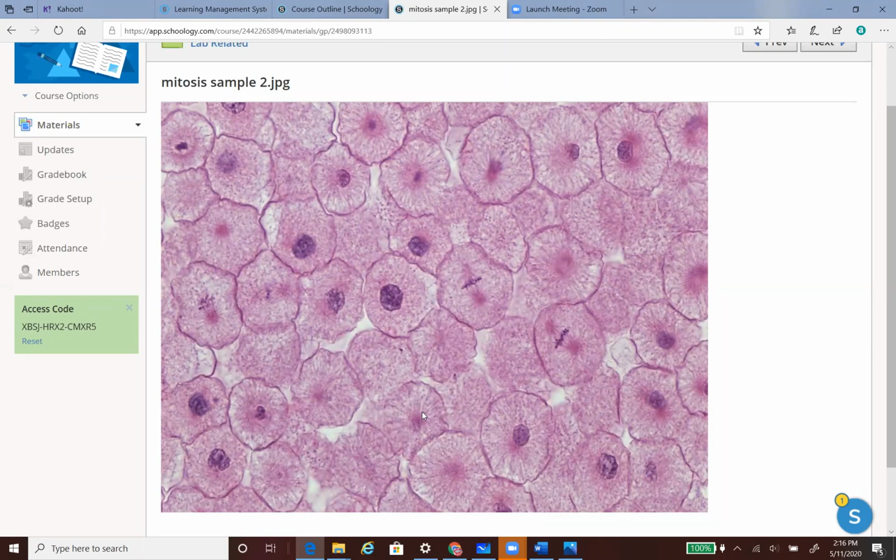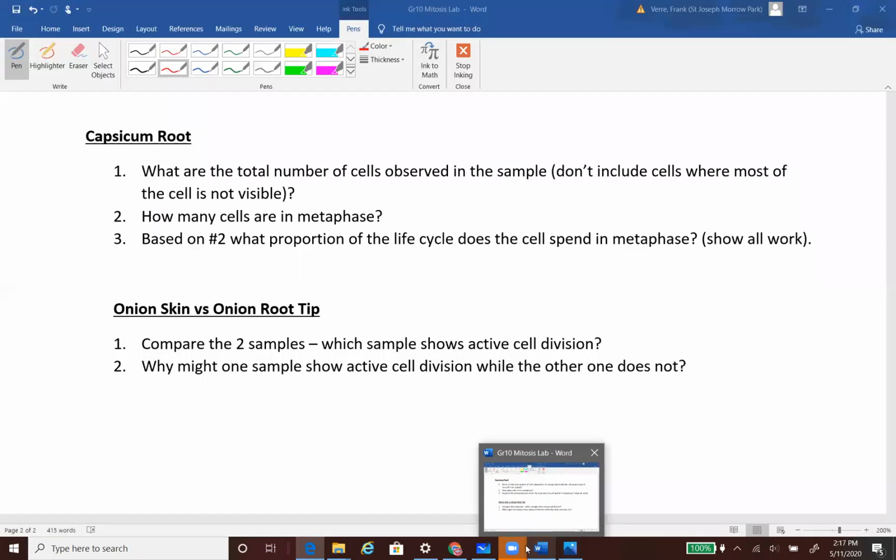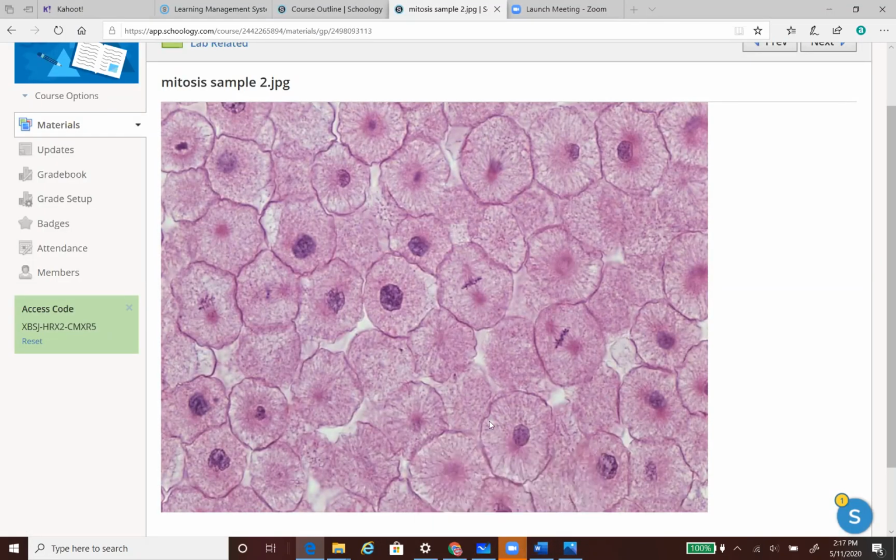Now, I don't have that problem, but you might. So just take your time and just answer the questions, all right? In terms of the complexity of the lab, it's not that complex, but just take your time with it, all right? Any questions about this?